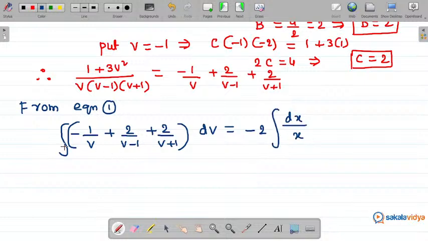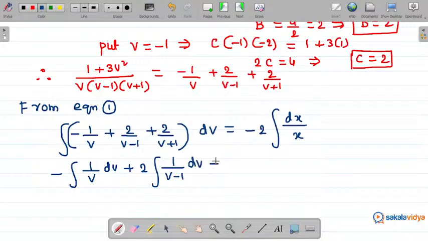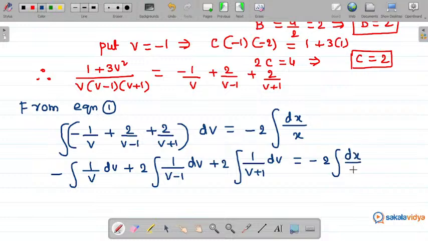See, now we can integrate the first function, second function, third function. So this is minus integral of 1 by v dv, where v is the variable of integration, plus 2 into integral of 1 by v minus 1 dv, plus 2 times integral of 1 upon v plus 1 dv, is equal to minus 2 times integral of dx by x.